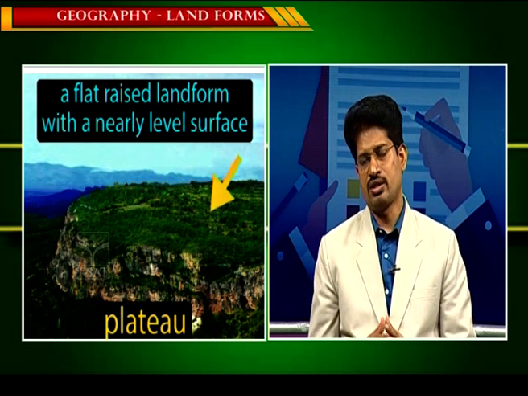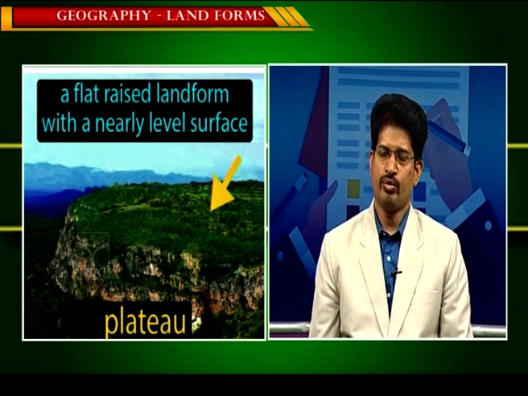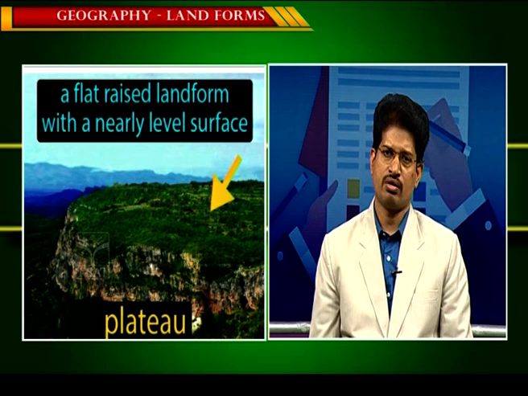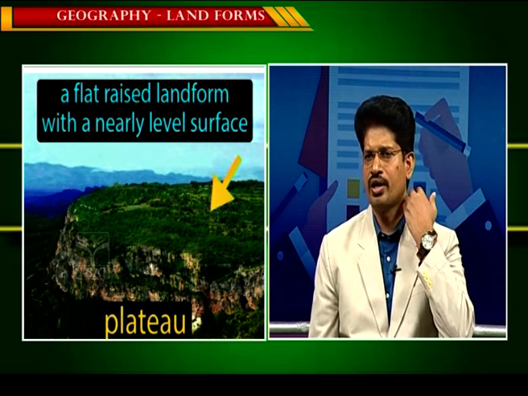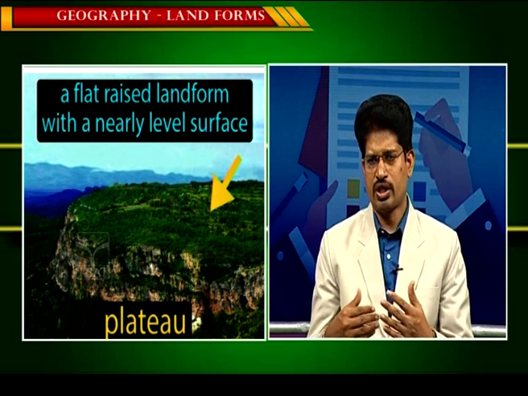This kind of structure can be formed for different reasons. It can be because of volcanic activity, tectonic activity, or weathering and erosional activity. A mountain subjected to weathering and erosion can be converted into a plateau. So the reason for the formation of this structure varies from plateau to plateau.